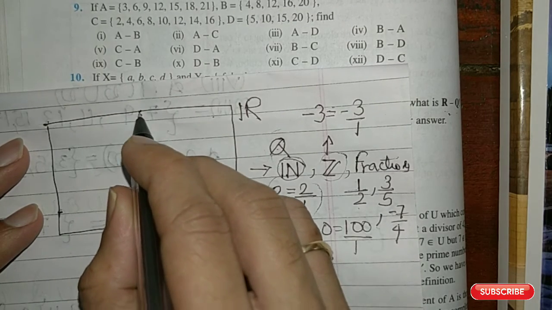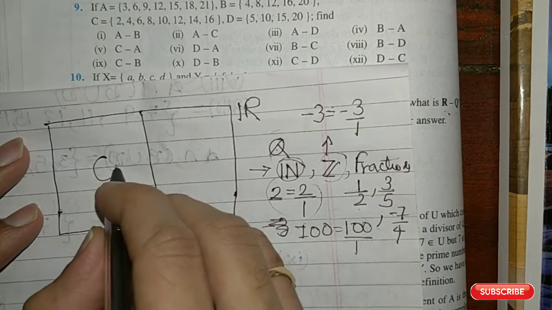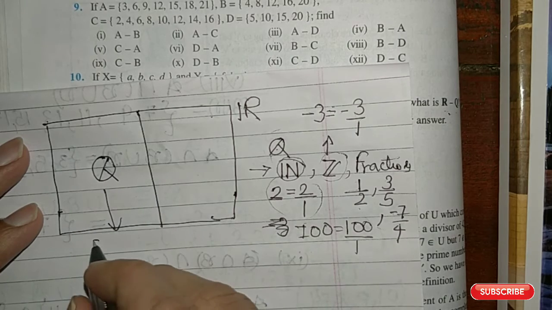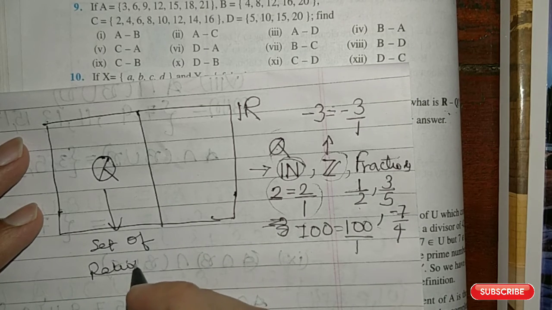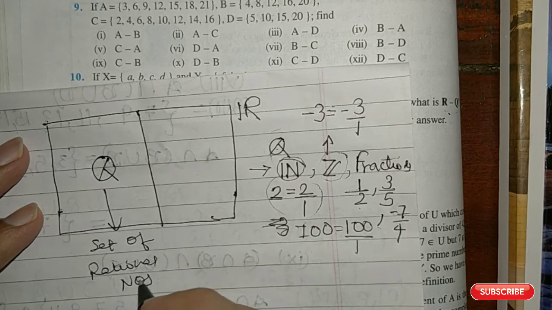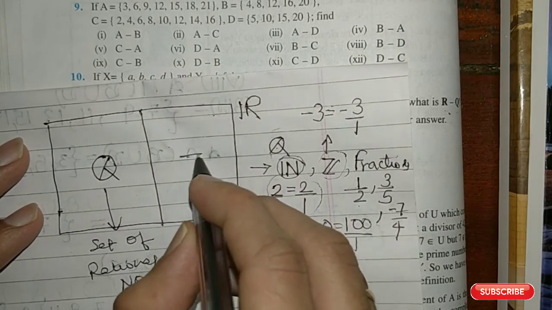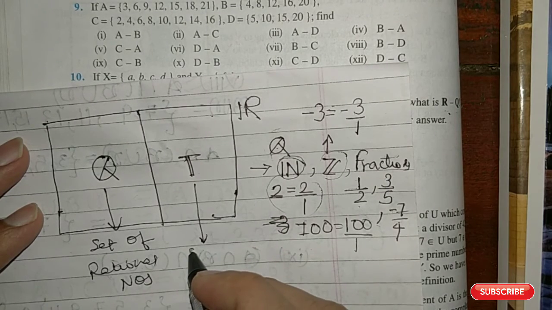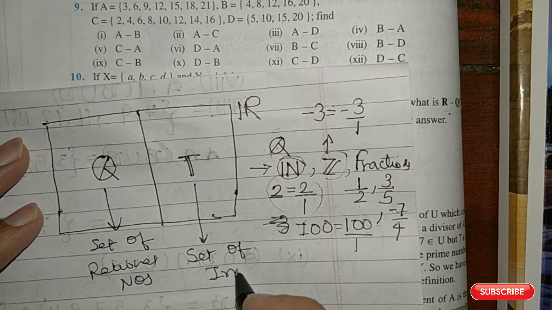So what you have is that the real numbers are divided into two sets. Q is the set of rational numbers, and what remains are the irrational numbers. So this script T is nothing but the set of irrational numbers.